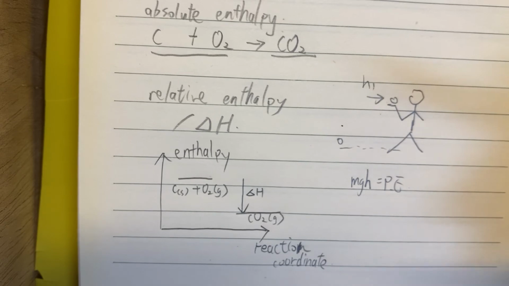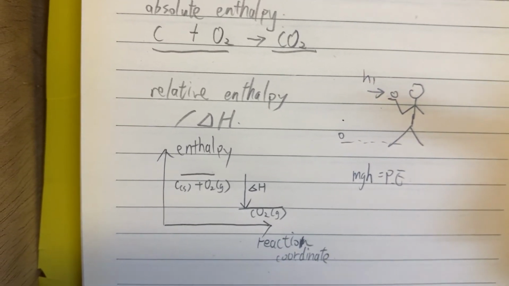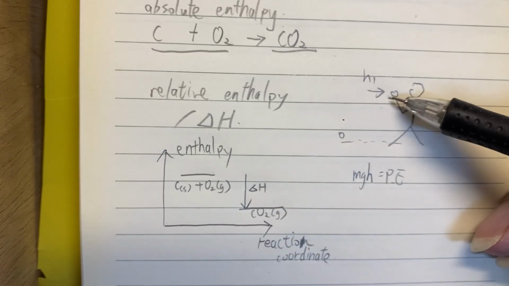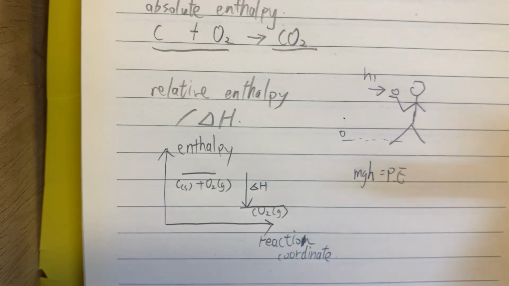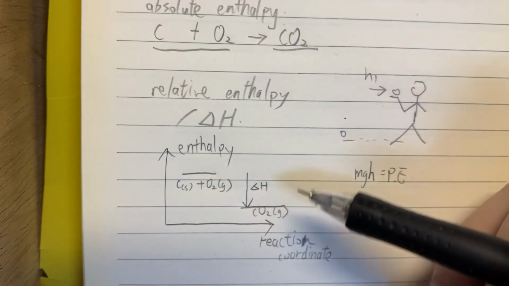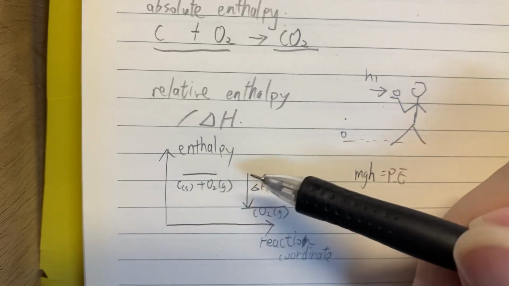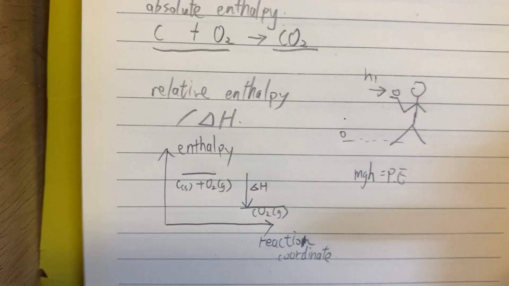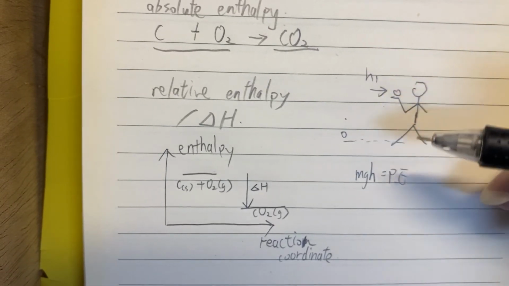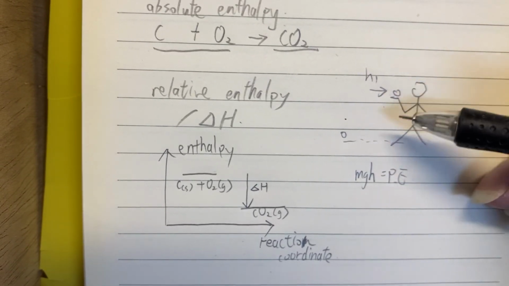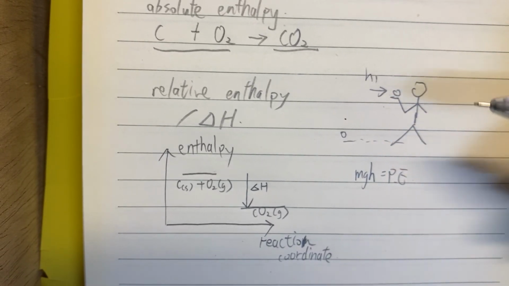That quantity is called absolute enthalpy. However, what you can know is that through a chemical reaction, through a process, how much energy is transferred to another form. For this chemical reaction, the enthalpy will be converted into heat energy and released to the surroundings. And for the person with the ball, after they release the ball, in the process it will convert some potential energy into kinetic energy so that you can do the measurement.